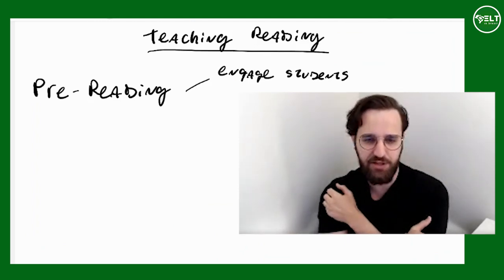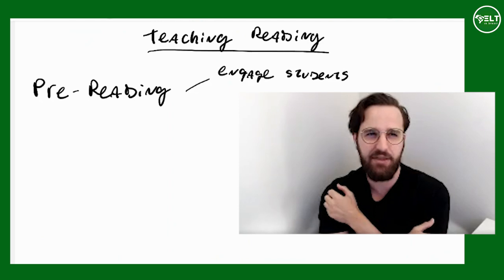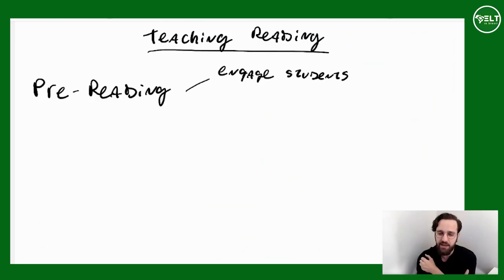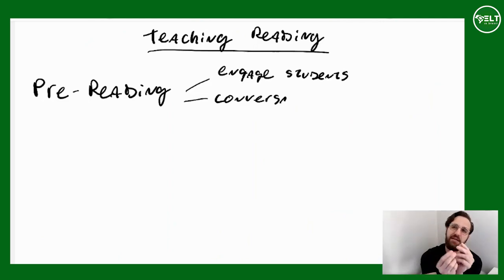In terms of terminology, I think Scrivener would call this setting the scene. Yeah, I think you can think of that. But in pre-reading, students are not going to read, they're going to have a conversation. Again, there's another principle from Harmer there, which is that the feeling of the student needs to be connected to this.